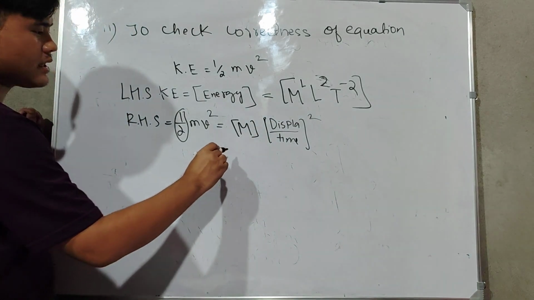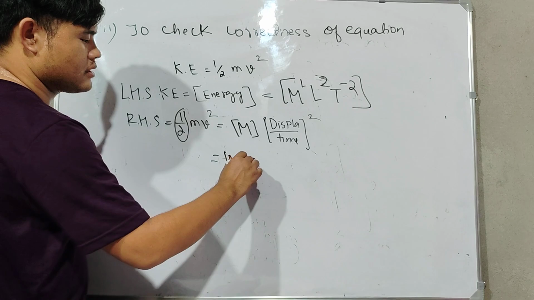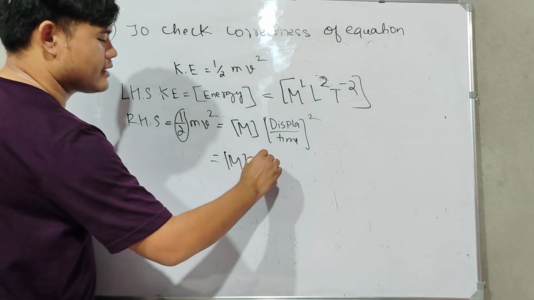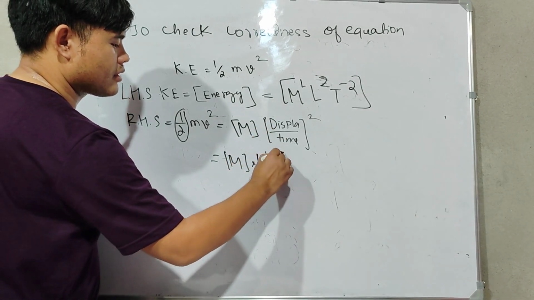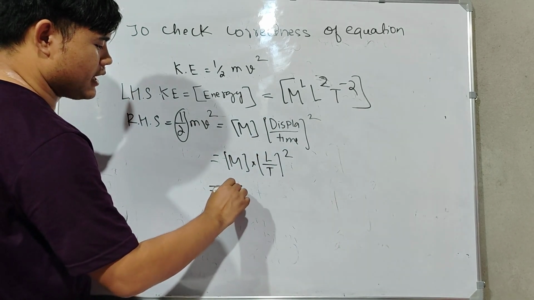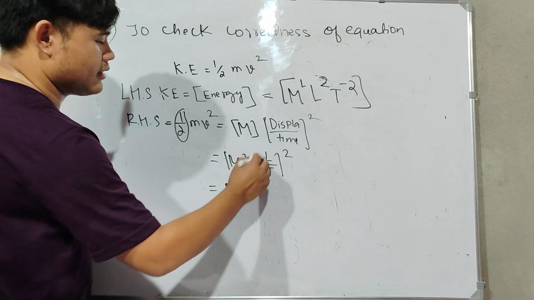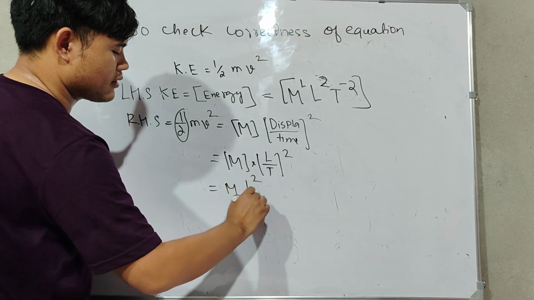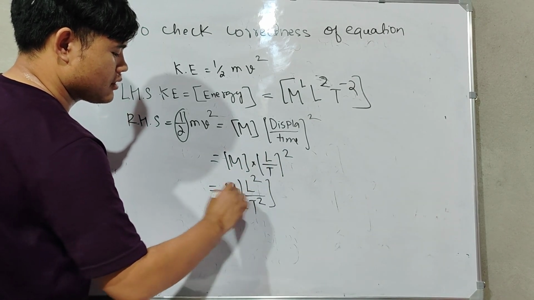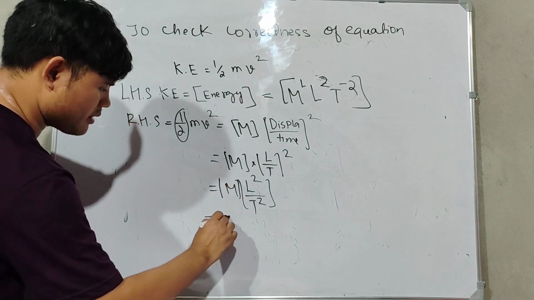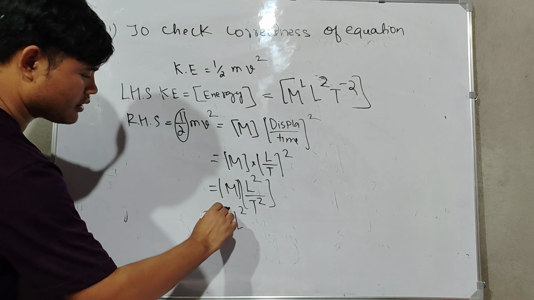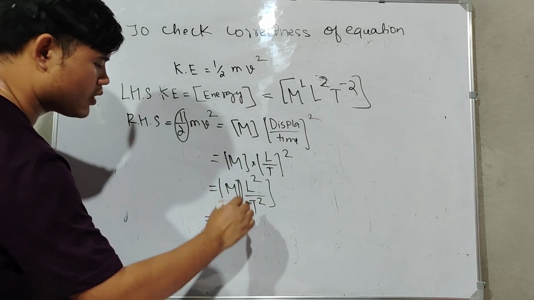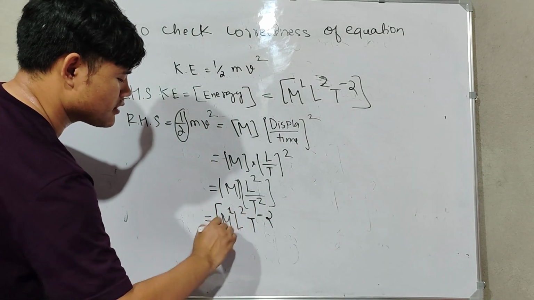So m will remain as it is, into length by time, squared. So it will be M, and then L square, T square. So that means M L square, T will go up, so it will be like this.